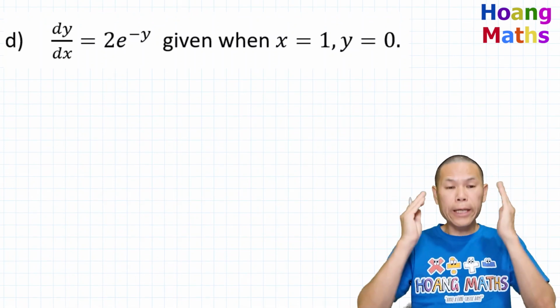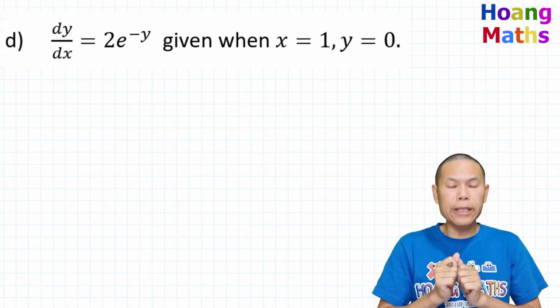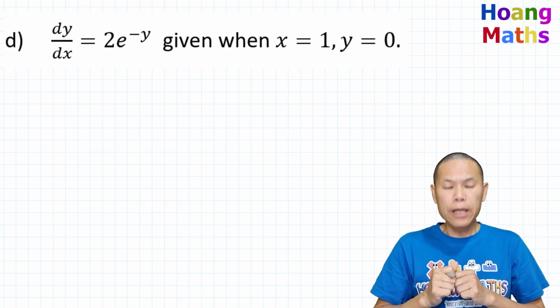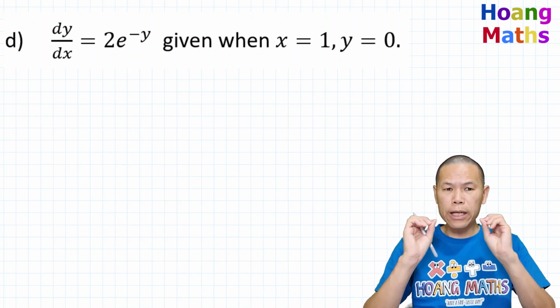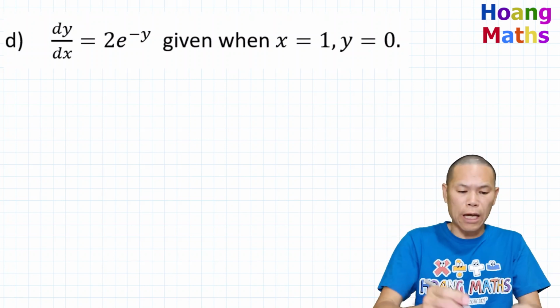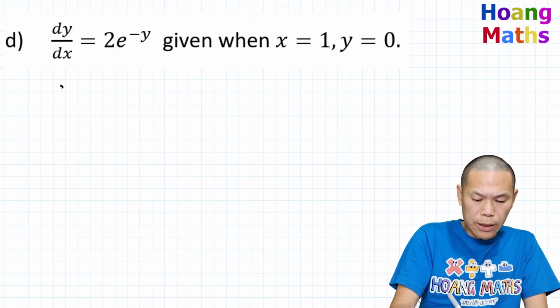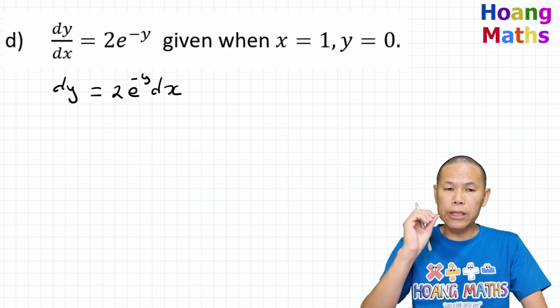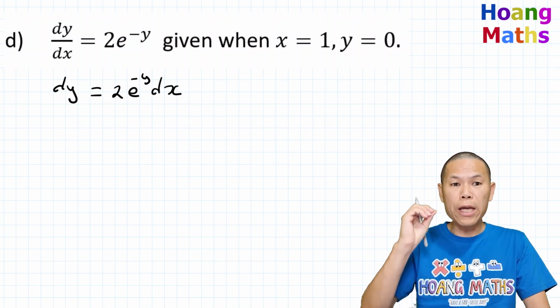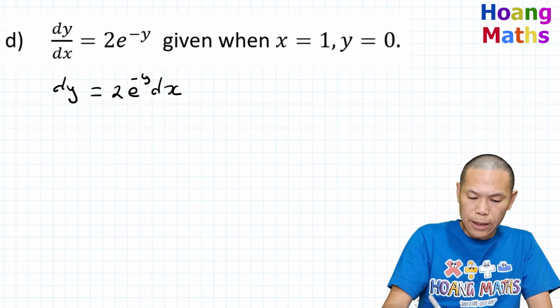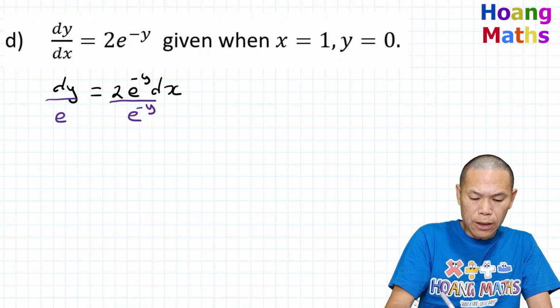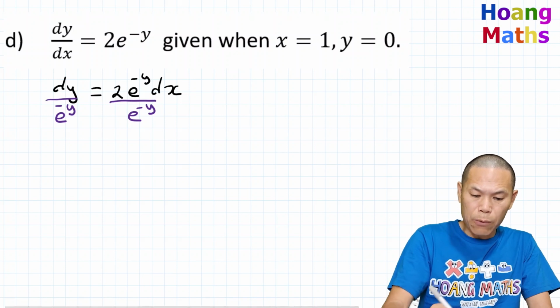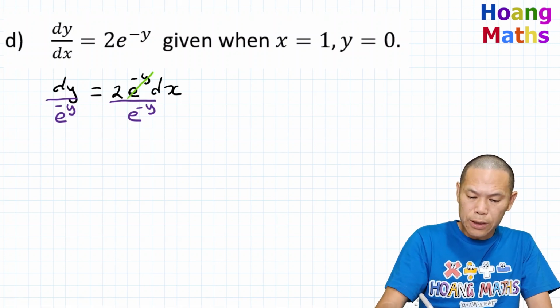Part D. Again, we just need to separate the dy with e to the negative y. In other words, let me just times dx on both sides first. That will give me dy is 2e to the negative y dx. Now I divide by e to the negative y on both sides, so that cancels out.